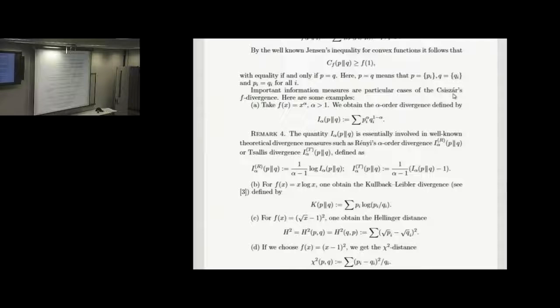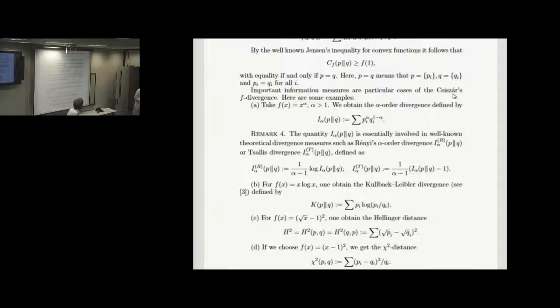This is the sum of P logarithm P over Q. This is the Kullback-Leibler divergence. This one.